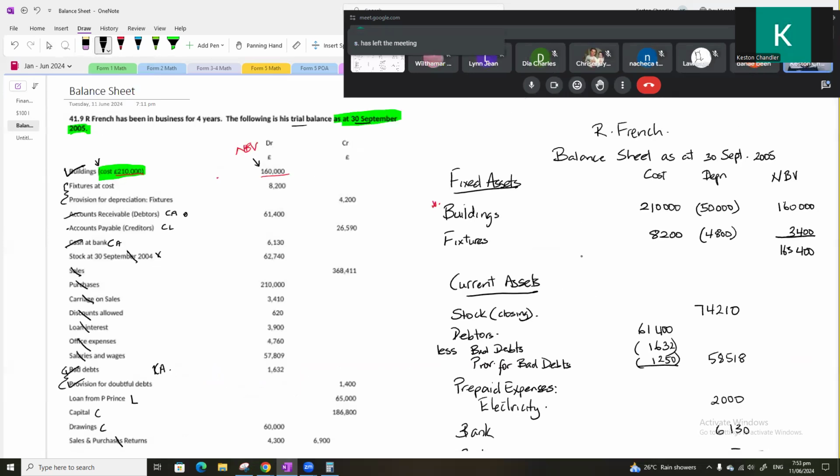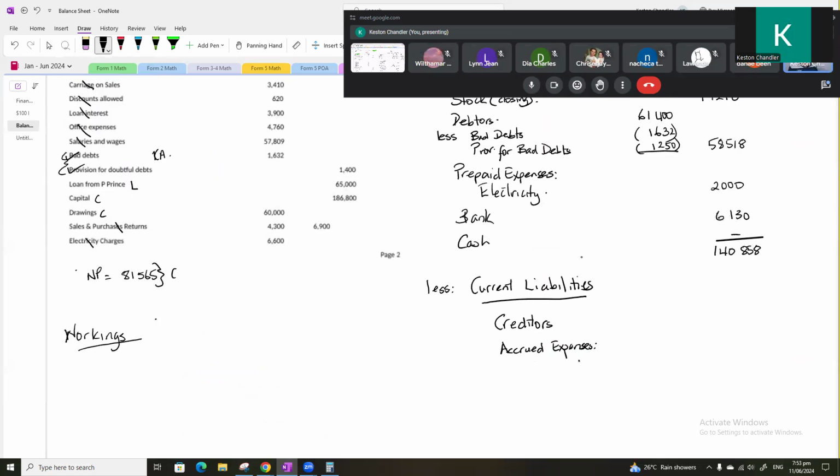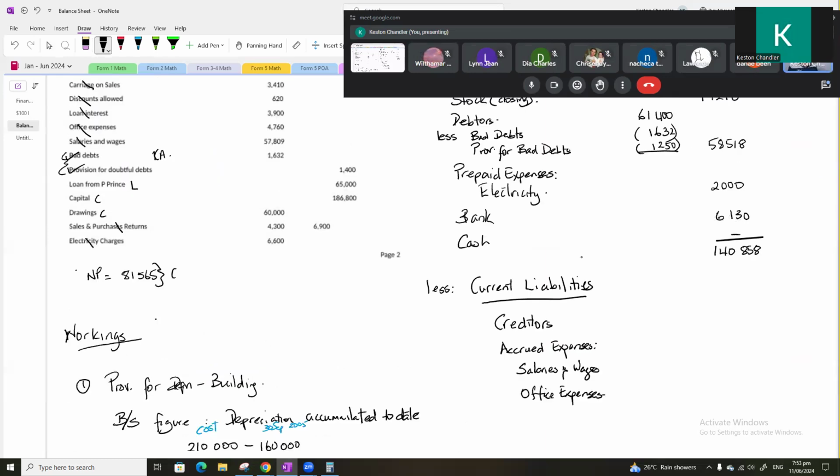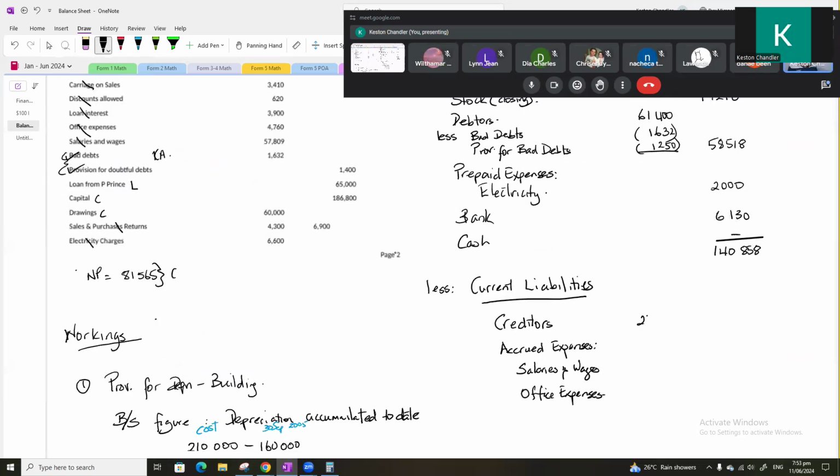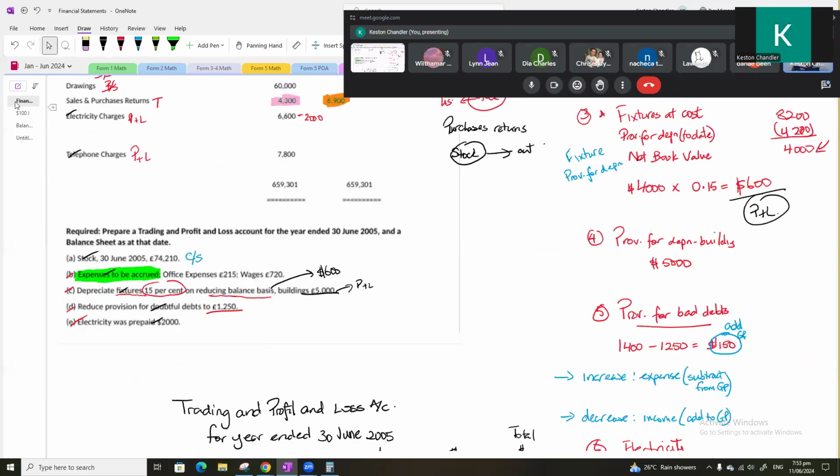So going back to our balances, our creditors figure is given here. I can now take it off 26,590, right? Again, I'll use my tally column, 26,590. Accrued salaries and wages. We had 720 for wages and 215 for office expenses, right here.